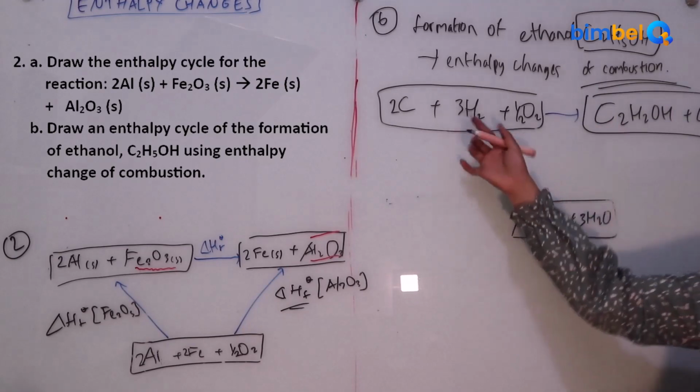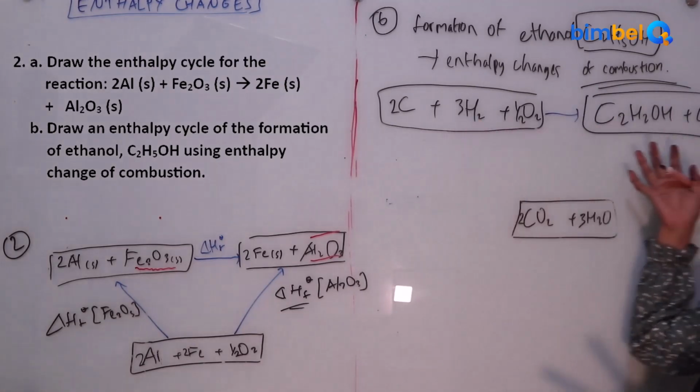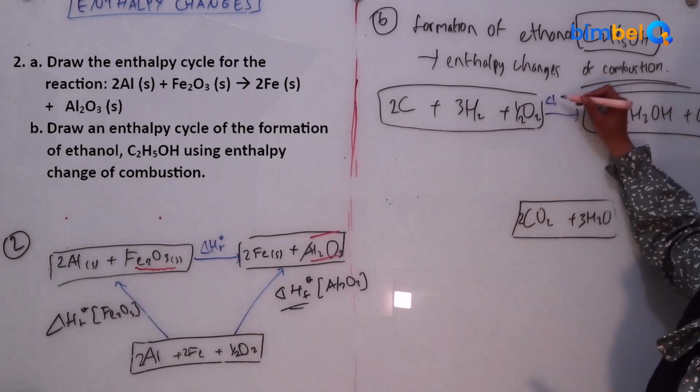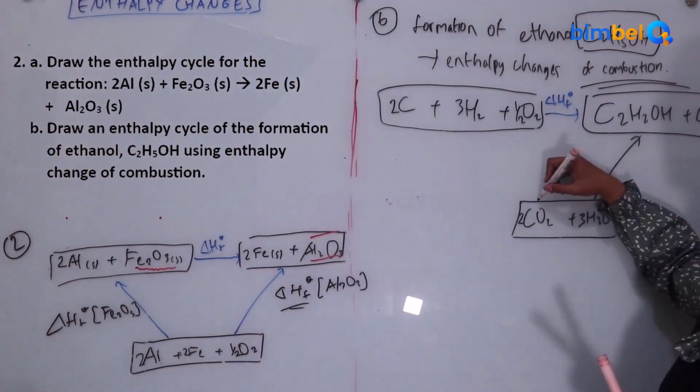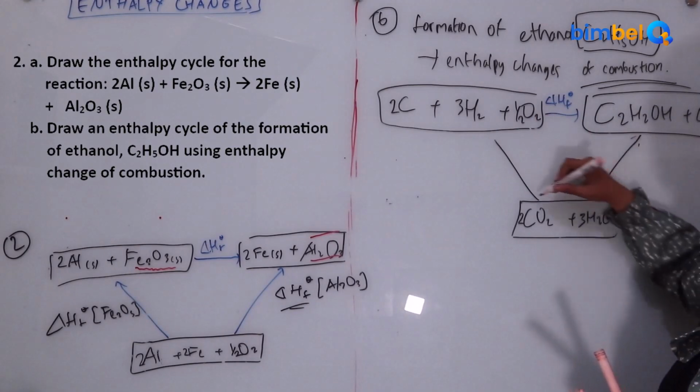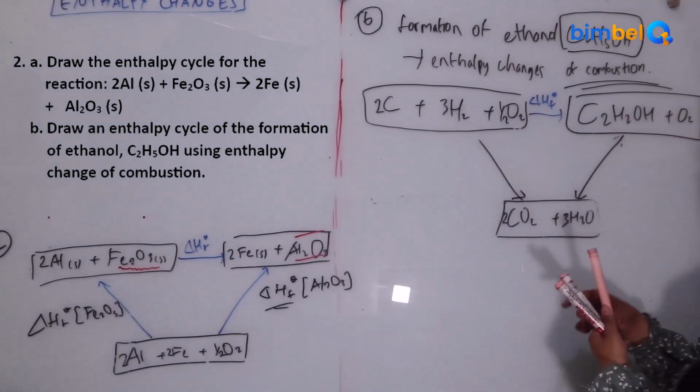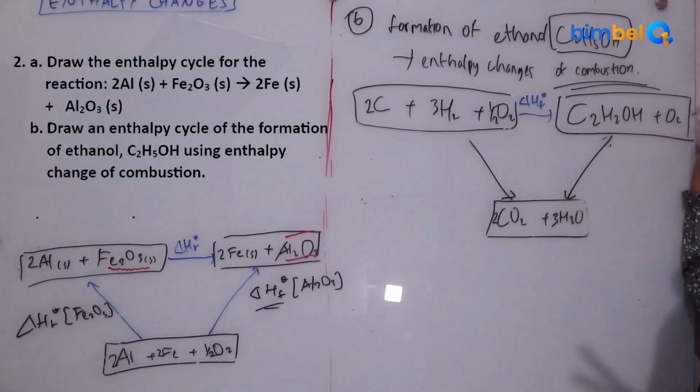You can see that this goes from the elements to a compound, so this is delta HF because this is the formation. While for this one and this one, the arrow goes down here. So this is the product of combustion, and it will burn in the presence of oxygen.